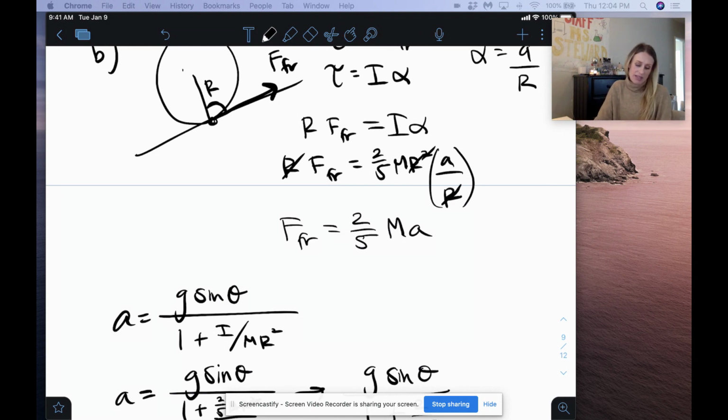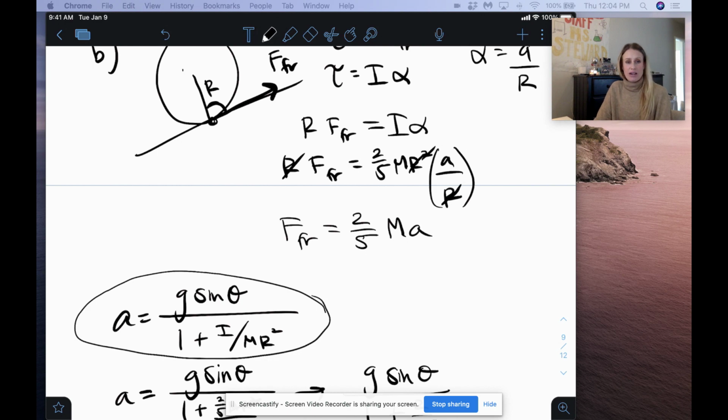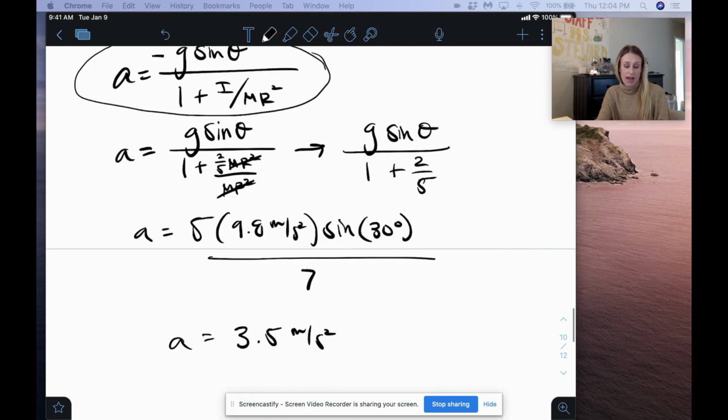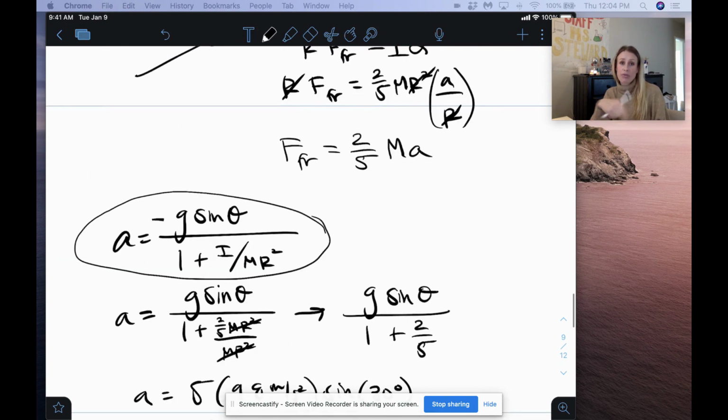So if you remember in the last video, I described how this equation right here is, in the book when they derive it, they have a negative sign right here. And it's because that's down the ramp. They're calling that the negative direction. So when I plug it into my equation, if I plug in a negative 3.5 here because it is down the ramp, of course I will get a negative force of friction.